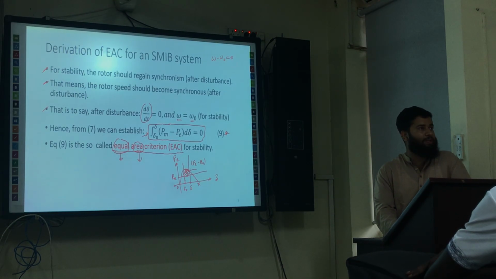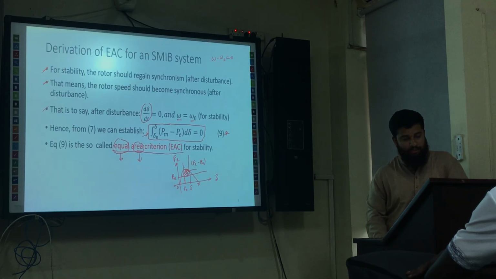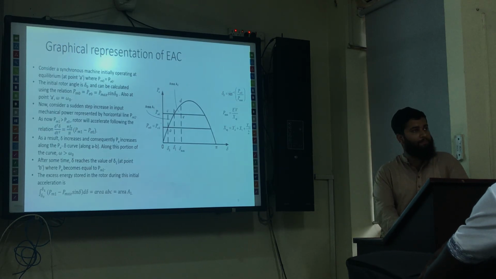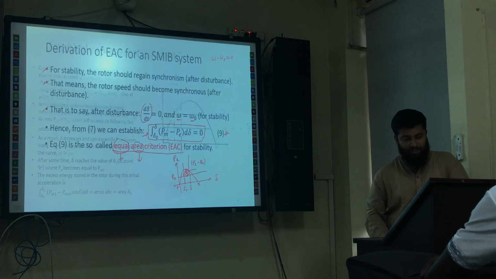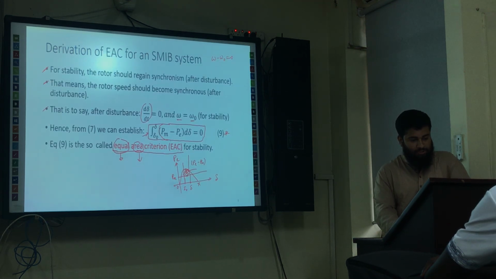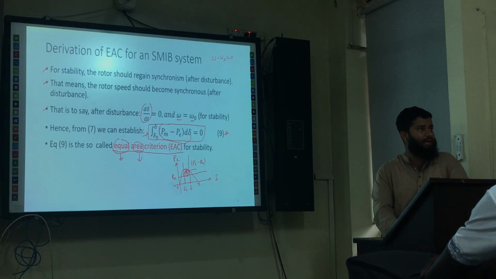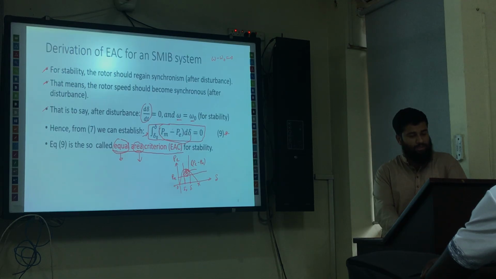Integration of P minus Pm. Whenever we discuss this case, we will see the Pm minus P. Because I am giving you the idea that this term is actually the area, right? The integration of something under some term will give us some area, right? Obviously, the most appropriate way will be the P minus Pm, right? So we'll see this thing here.